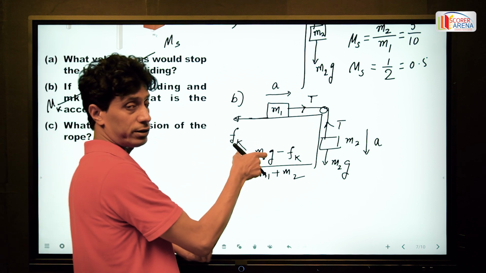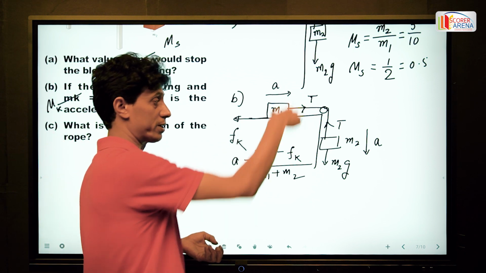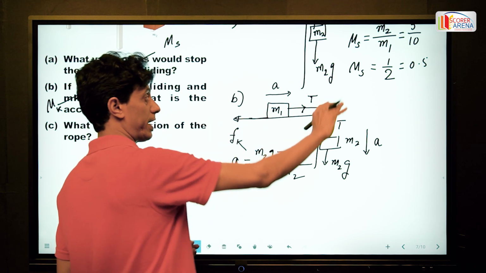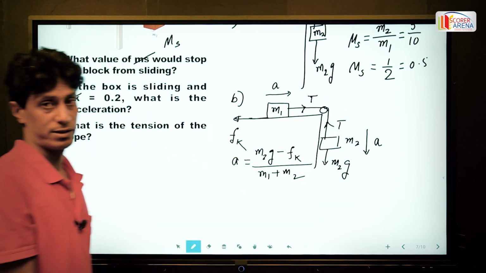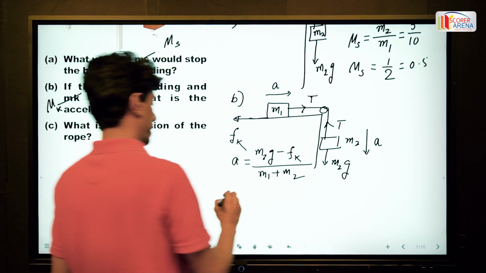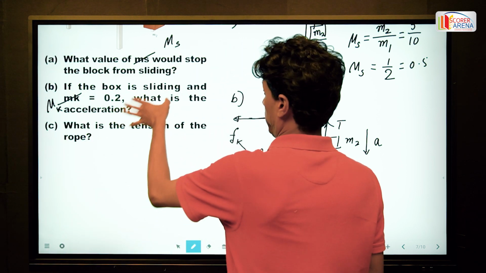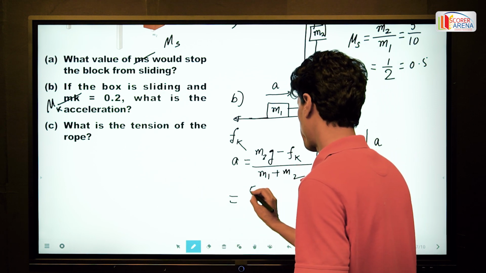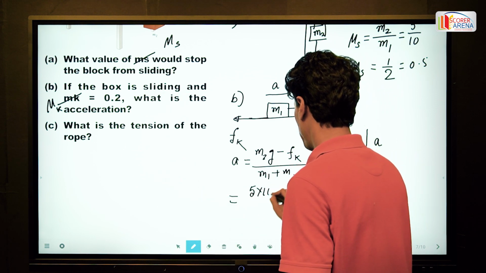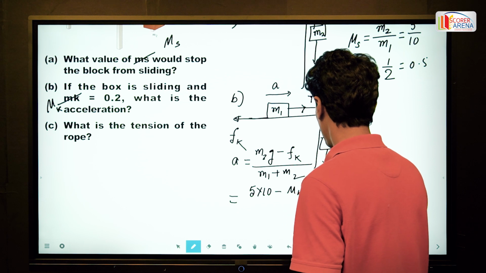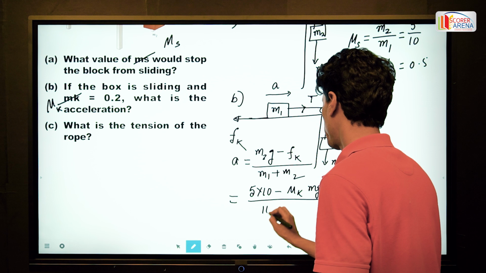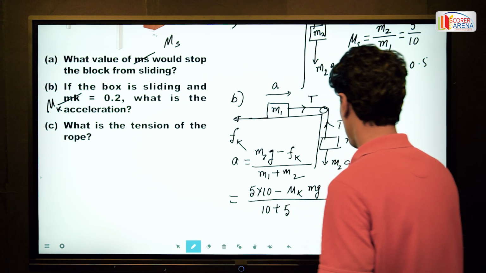Here M2G is taken as plus because it is along the direction of acceleration, and friction is against the direction of acceleration, so we take minus. So M2 here is 5 kg into 10, and this is mu k M1 g, by 10 plus 5.